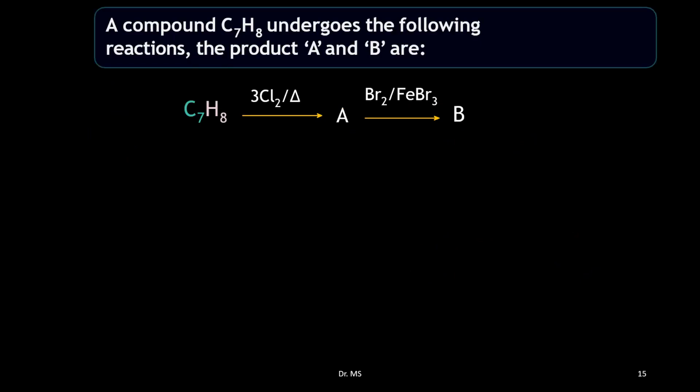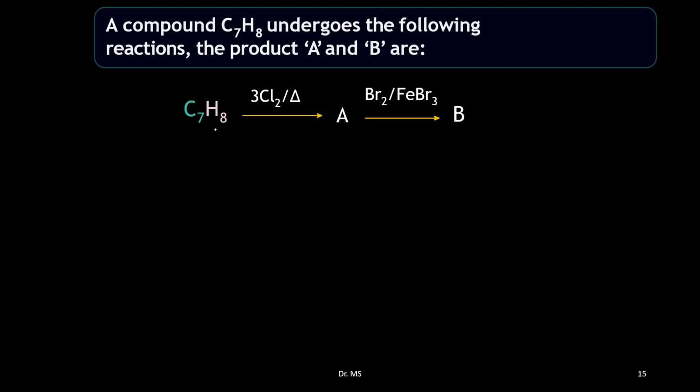So what about this? What he is saying, a compound C7H8 is undergoing the reaction and forming the product A and the product B successively. So always remember C7H8 is nothing but toluene.